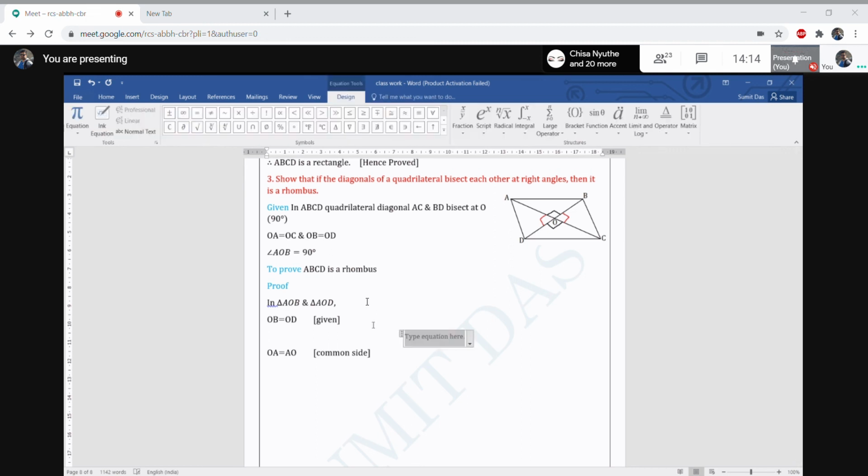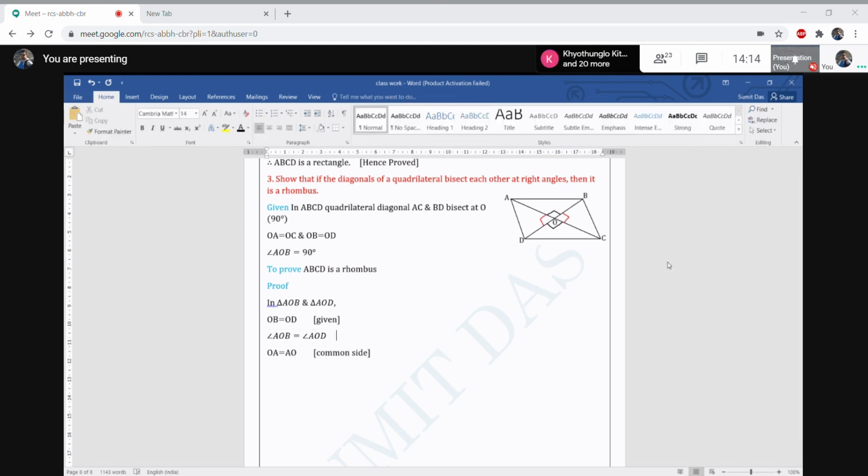In the middle, put the angle. Which angle? Angle AOB equal to angle AOD. These two angles are 90 degree, right? Both 90 degree. They are equal. Okay.